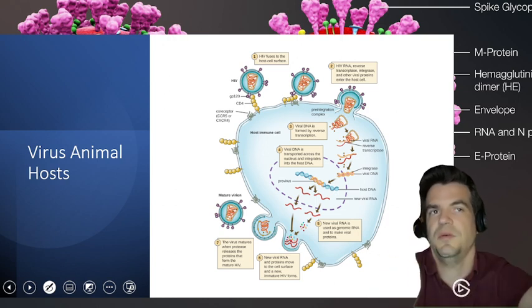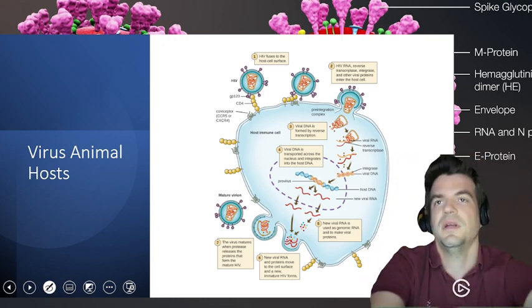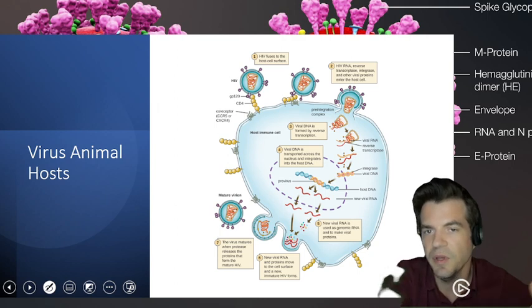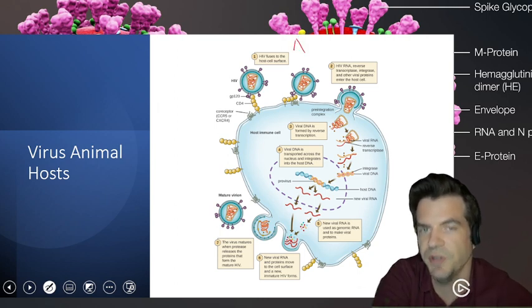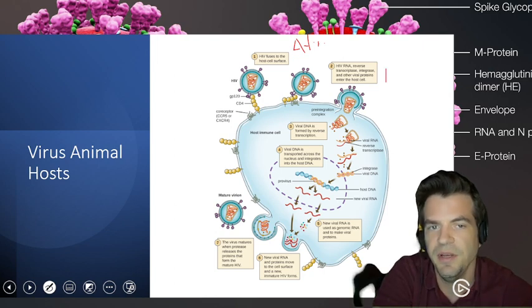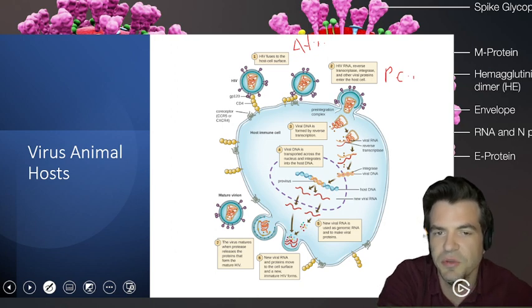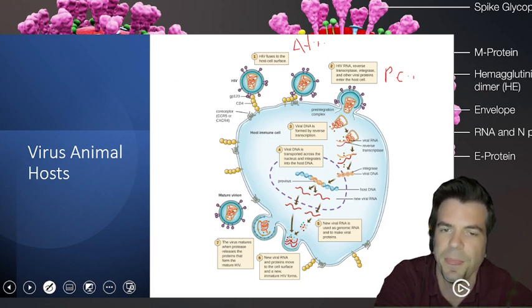And with our animal hosts, we can see the steps just like the others. We need to attach, and then penetrate. Then the reverse transcription happens.